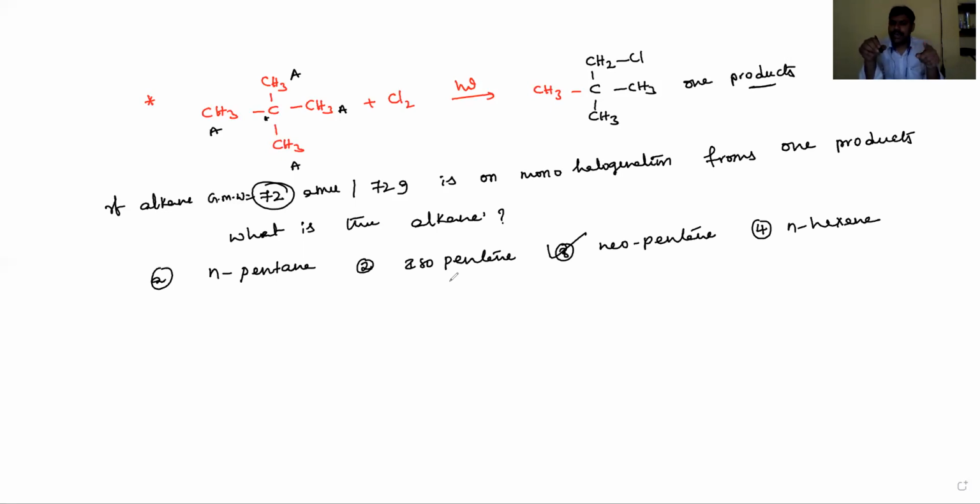But n-pentane on monohalogenation produces three products, isopentane produces 4 products, and neopentane produces only 1 product. Here we need to identify the alkane with one monohalogenated product, so the answer is neopentane. This kind of question is repeatedly asked in NEET and JEE examinations, and they ask about the number of monohalogenated products in integrated questions also, dear students.